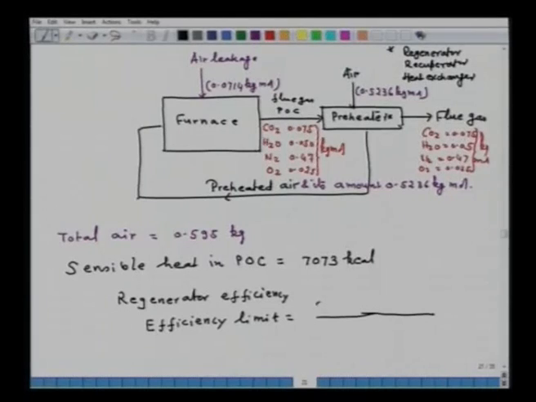So, that will be equal to 0.4136 into 10389, which is the heat content in nitrogen, plus 0.1099 into 11,000, divided by 7073. So, the efficiency limit is now 77.8%. We got this efficiency limit of 77.8%.